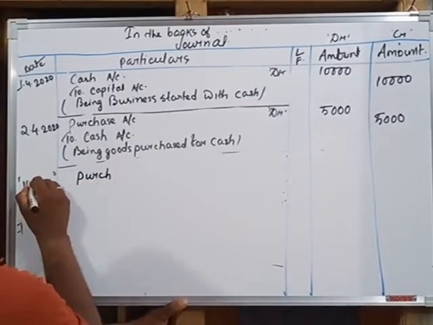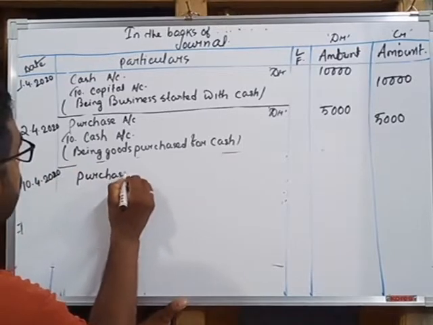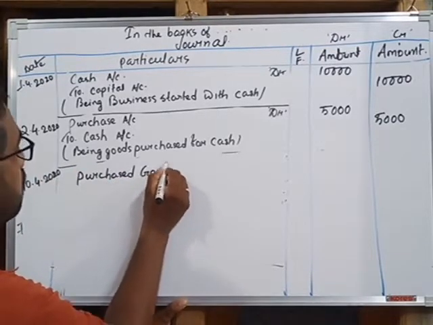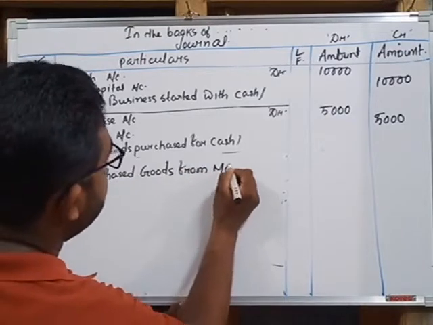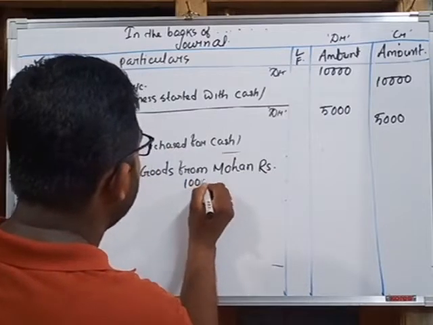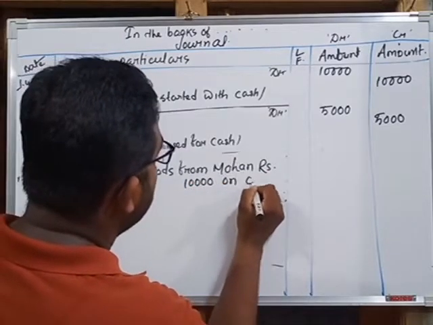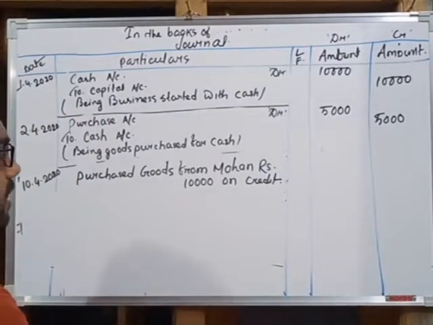It is the 10 April 2020. Purchased goods from Mohan rupees 10,000 on credit. Okay, so this is the transaction.